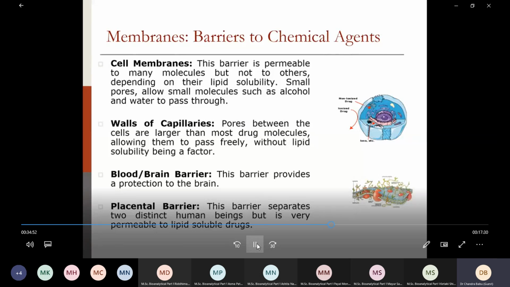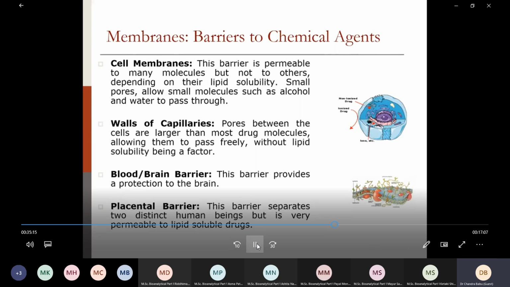The solubility of these compounds or contaminants in lipid will definitely be a factor to facilitate the entrance through the cell membrane. We can also have smaller molecules such as alcohol and water that can pass through the membrane more easily.